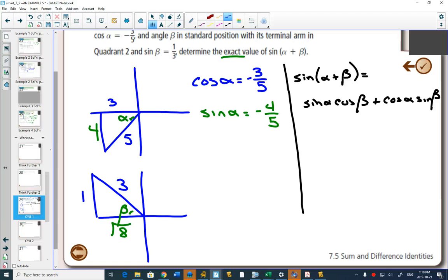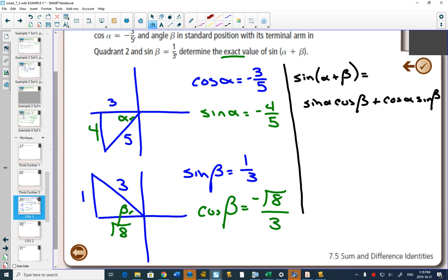Now I knew that sine of beta was 1/3. I can now figure out that cos of beta is equal to negative, because it's in quadrant 2, -√8/3.